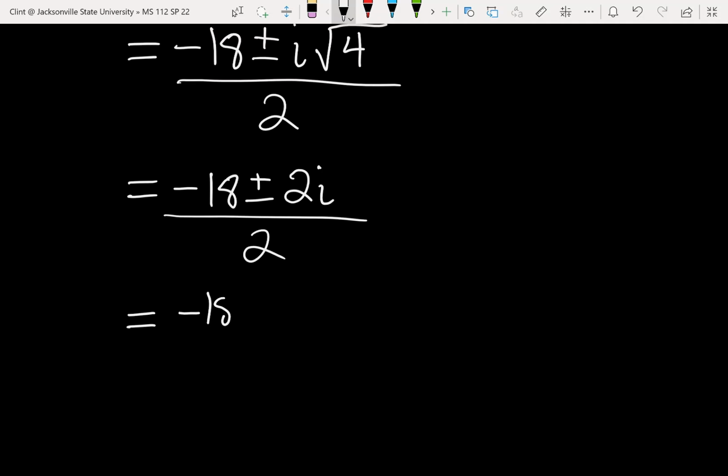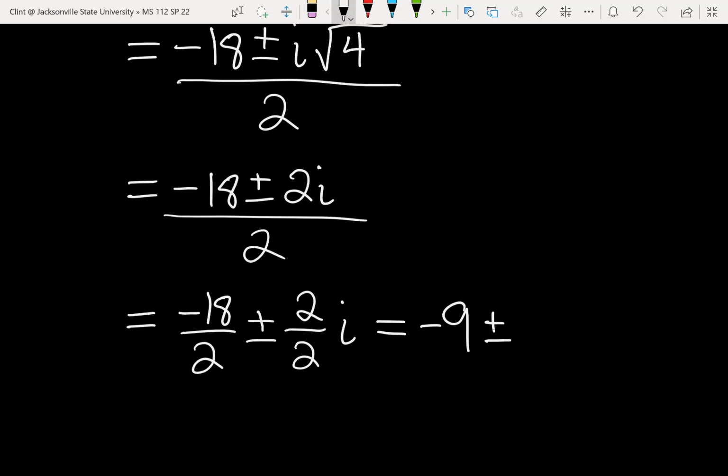It'll be negative 18 over 2 plus minus 2 over 2 i. And then we can reduce. Negative 18 over 2 is negative 9. 2 over 2 is 1. So that's our a plus bi form.